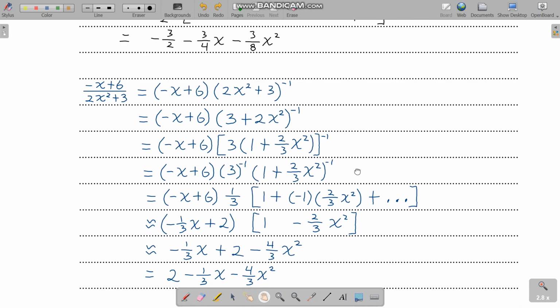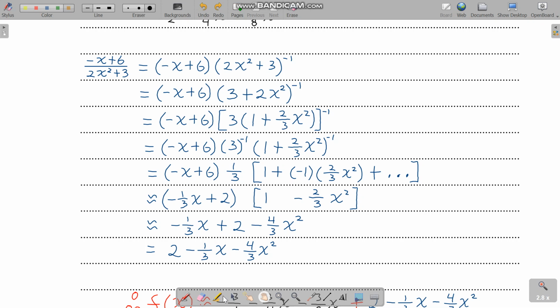And for the second term, same thing. We use the laws of indices, negative power, first step. And we can just rearrange a little, switch the order. And we cannot use the formula if it's 3 plus something. It's got to be 1 plus something, so we pull out the 3 from each term.